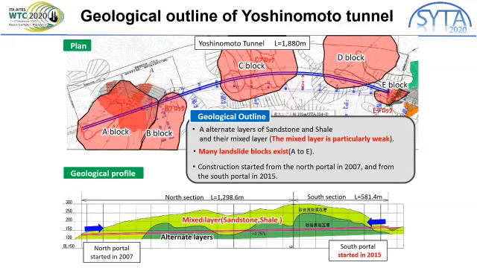Initially, excavation started from the north portal in 2007. The construction was difficult due to the ground load more than expected and landslides. As a result, construction began on the south portal in 2015, where Obayashi Corporation was in charge of excavation.